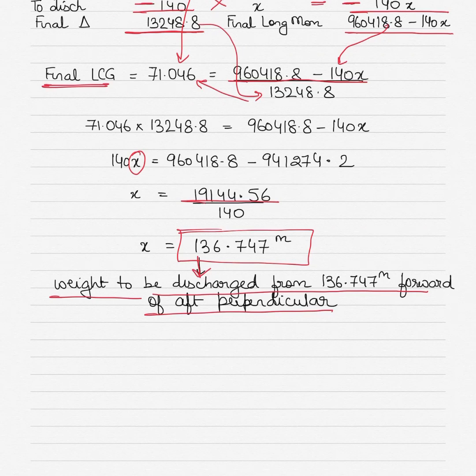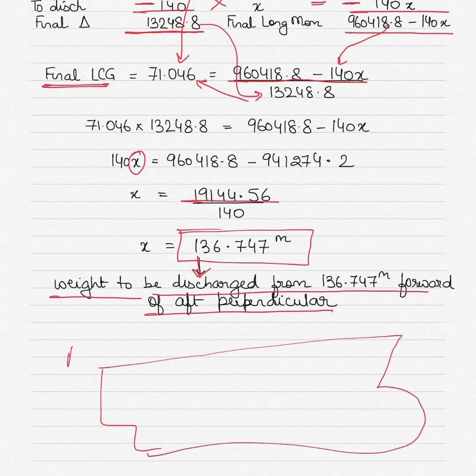Once you discharge it from the forward part of the vessel, as you know, this is the vessel, this is the aft, and this is the forward. Because you had to reduce the forward draft from 6.32 to 6, that means discharging had to take place from the forward part of the vessel. So LBP is equal to 143.16.